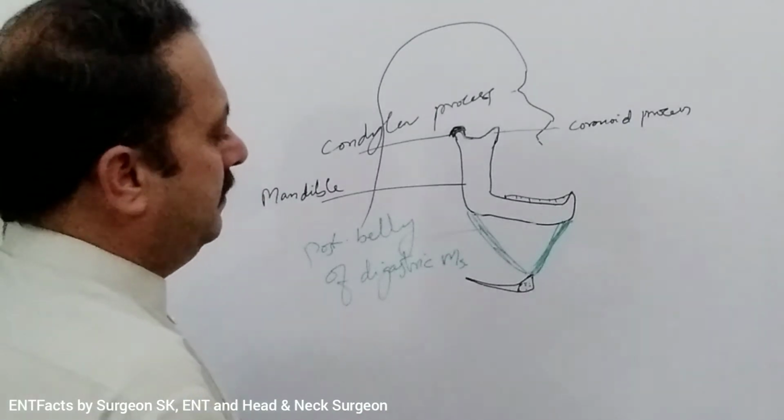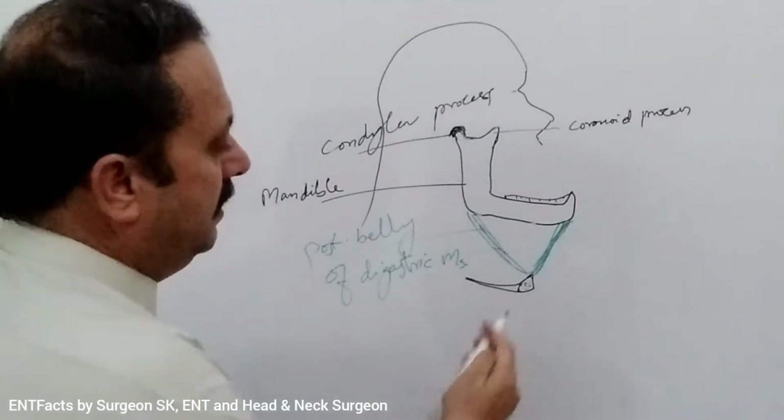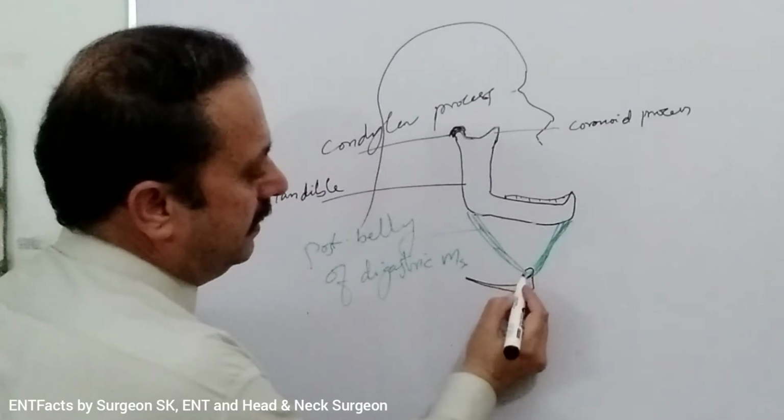This tendon passes through a fibrous sling.